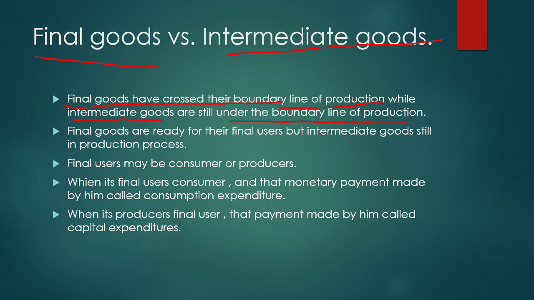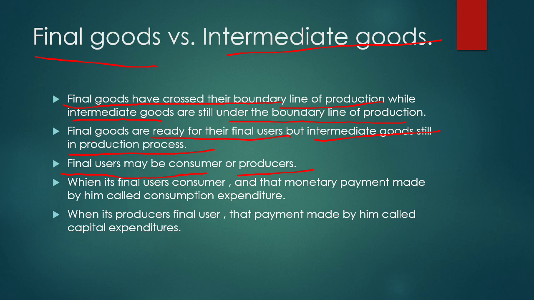So final goods are ready for their final user, but intermediate goods are still in the production process. Final users can be two: first a consumer, second a producer. Remember this thing, one good can be intermediate for someone, and that same thing can be final for someone else.